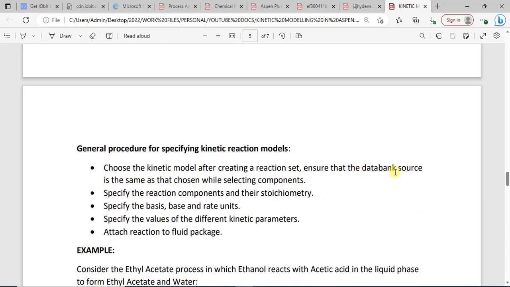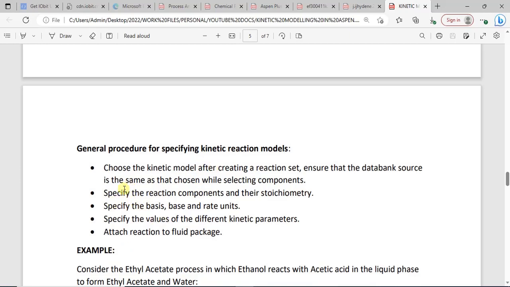Then you make sure that the data bank source is the same as that used while selecting the components in your component list. So if you used Hysys data banks, you also use Hysys data banks here. If you used Aspen properties database, you also use Aspen properties database.